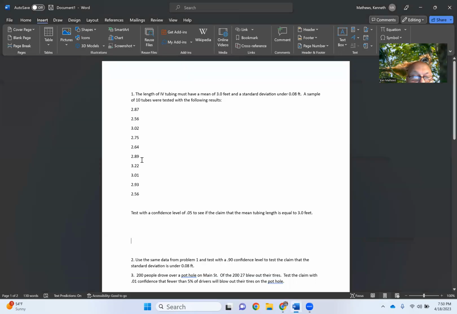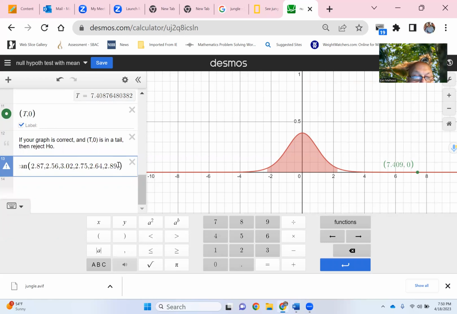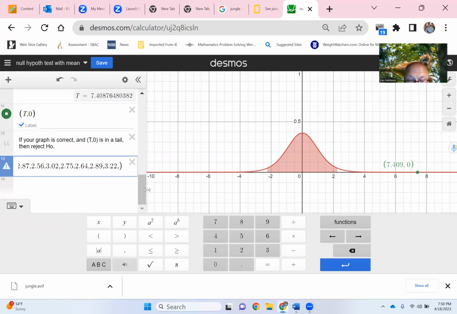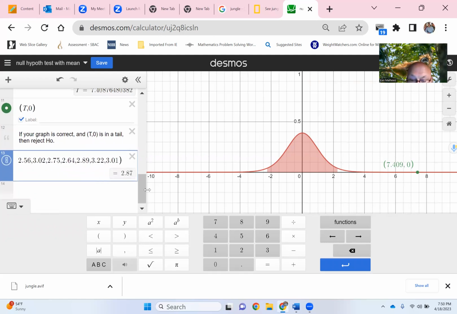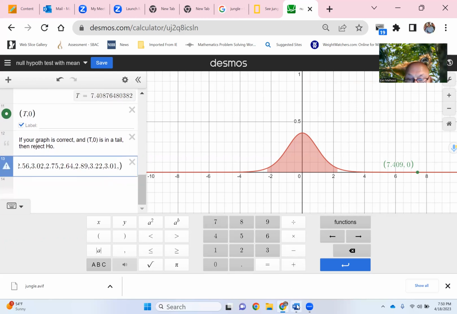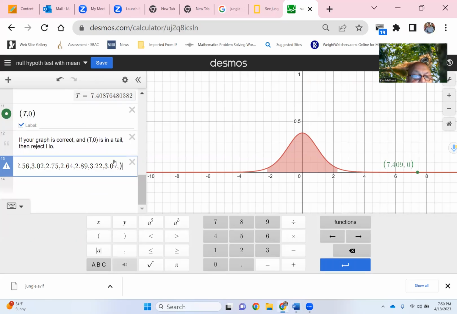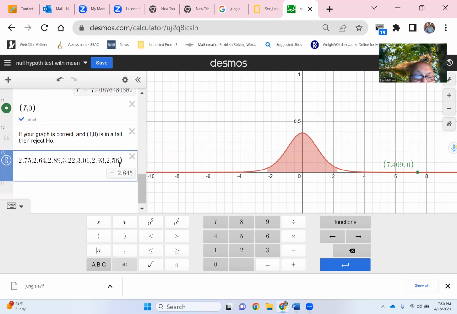Okay, 3.22, comma, 3.01, comma. 2.93, comma, 2.56. So the mean of our sample is 2.845.